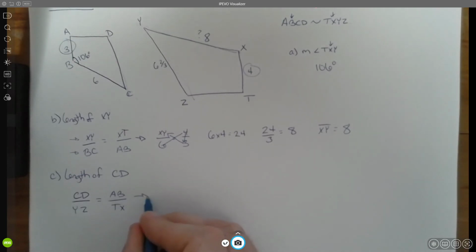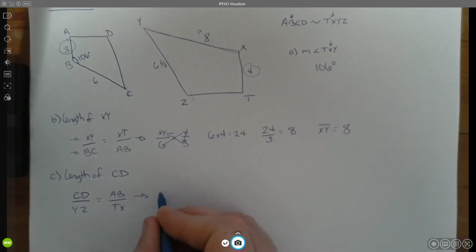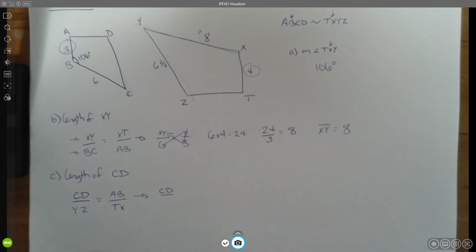All right, just like we did before, let's throw in what we know so that we have everything filled in except for the missing variable. So CD is still our unknown. That's what we're asked to solve in the question. We're comparing that to YZ, which is 6 2/3. It's never usually fun to have a fraction in a fraction, but we'll work with that.